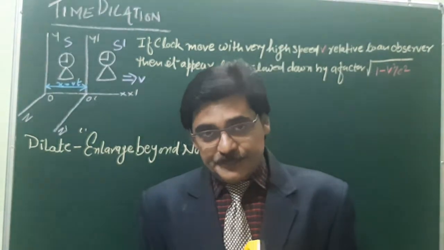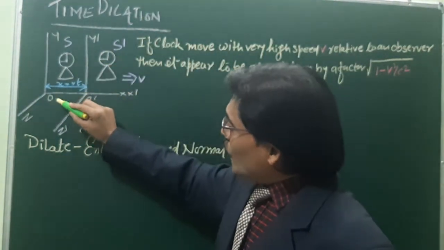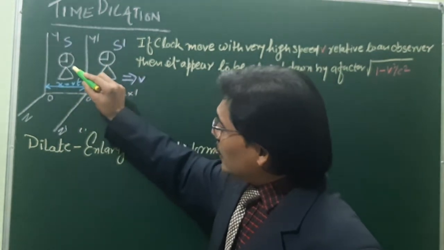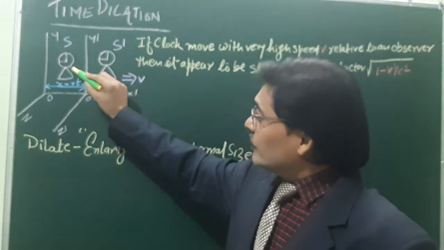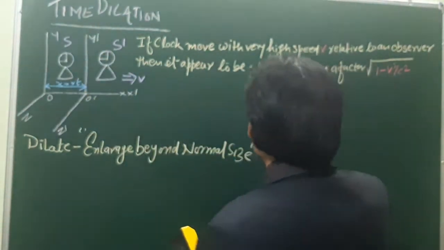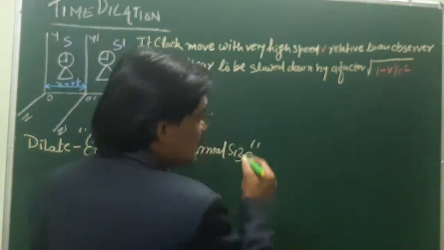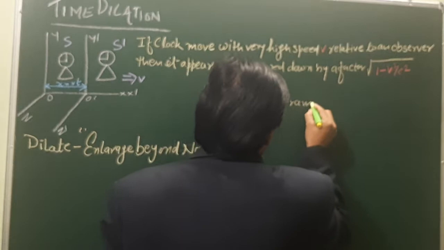At that time, what happened? The observer O records the time interval of the event organized by the frame S, in frame S.